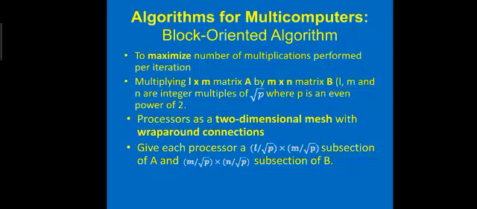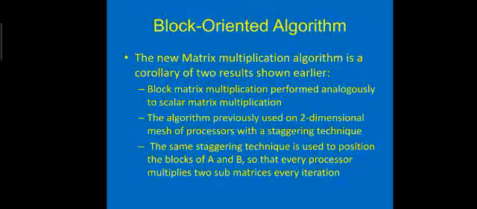Multiplying an L×M matrix A by an M×N matrix B, where M and N are multiples of root P, and P is an even power of 2. As a two-dimensional mesh with wraparound connections, each processor holds an L/root P by M/root P subsection of A, and an M/root P by N/root P subsection of B. Here the block matrix multiplication is performed analogously to scalar matrix multiplication, as in the algorithms previously used on a two-dimensional mesh of processors with the staggering technique.